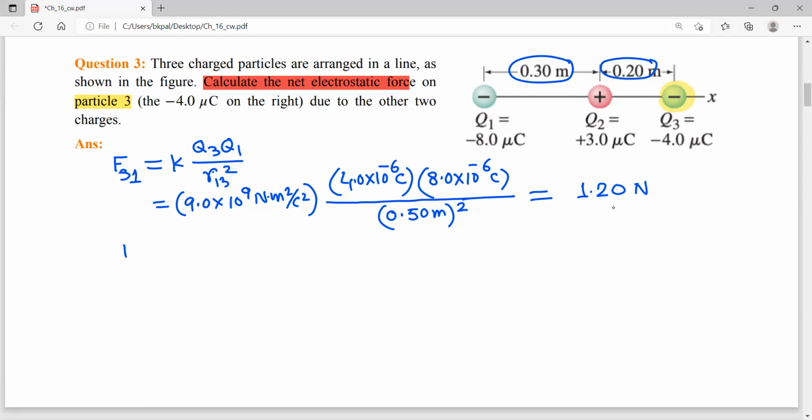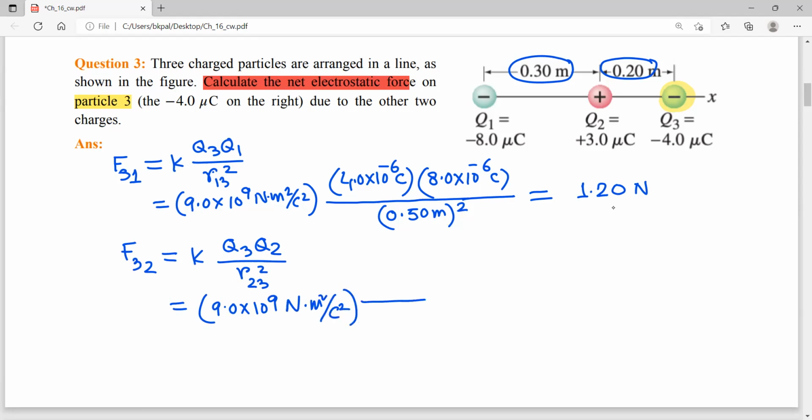Now let's calculate F3 by 2. Similar equation: K Q3 Q2 over R23 square. Again it is 9 times 10 to the power 9 Newton meter square per Coulomb square.